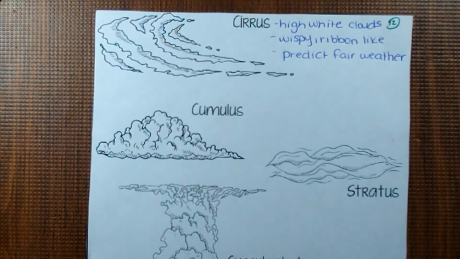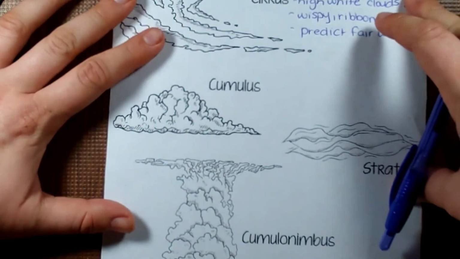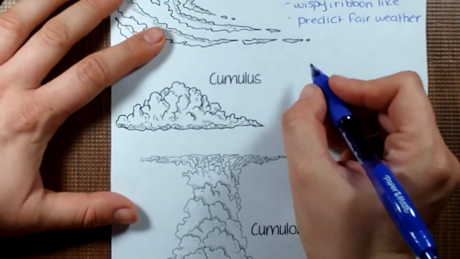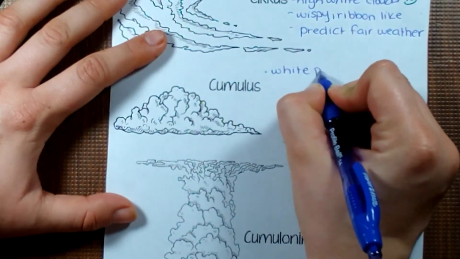Those are cirrus clouds. Cumulus clouds are the large puffy clouds that sometimes we try to see what they look like. Guess what they look like? They look like cotton balls.